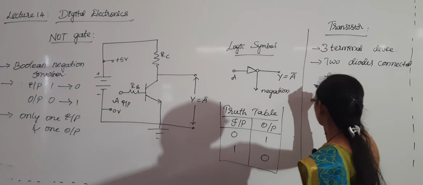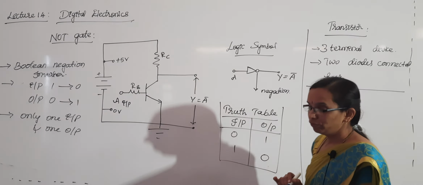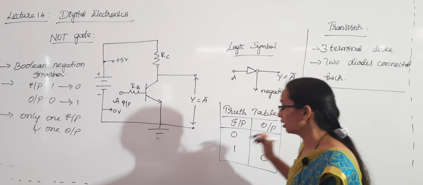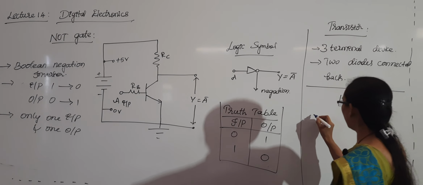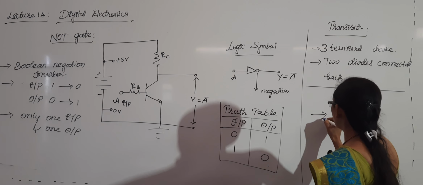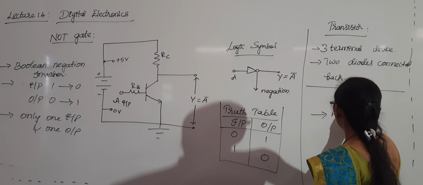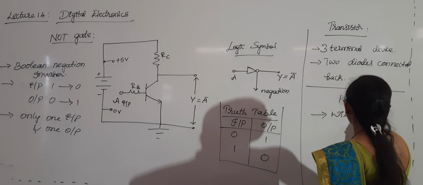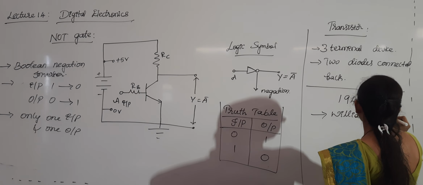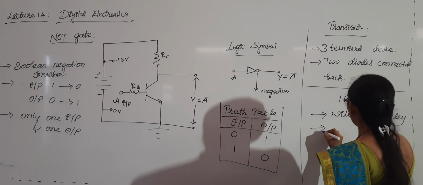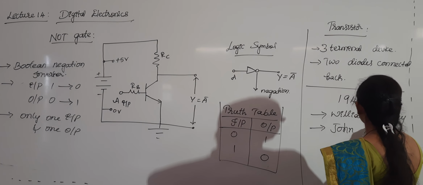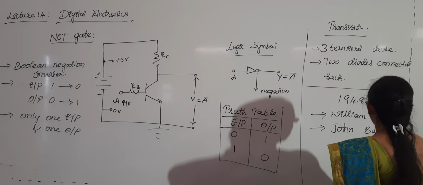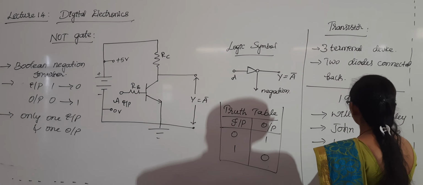The transistor was invented in 1948 in Bell Lab. The 3 scientists are William Shockley, John Bardeen and Walter Brattain.